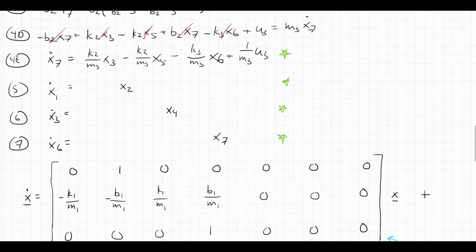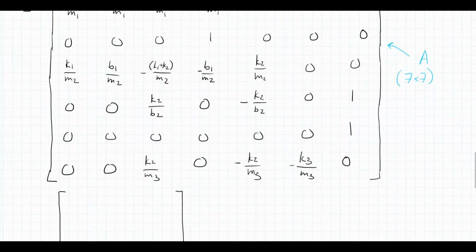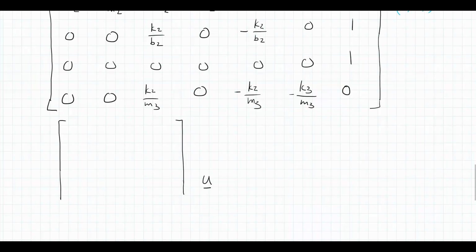The x1 dot equation had no u1, 2, or 3 in it. And I'll point out that we already know the size that B should be is the number of rows equal to our number of state variables by the number of inputs we have. We had 3 inputs, F1, 2, 3, which we called U1, U2, U3. So very important to note the size of B. It is not 7 by 1, it is 7 by 3.